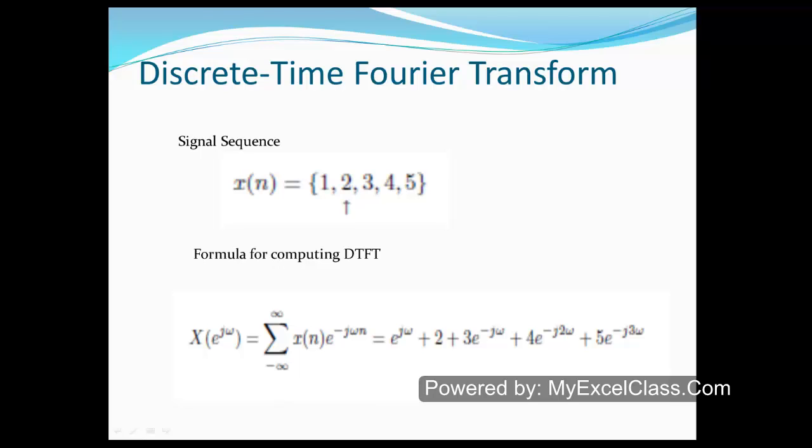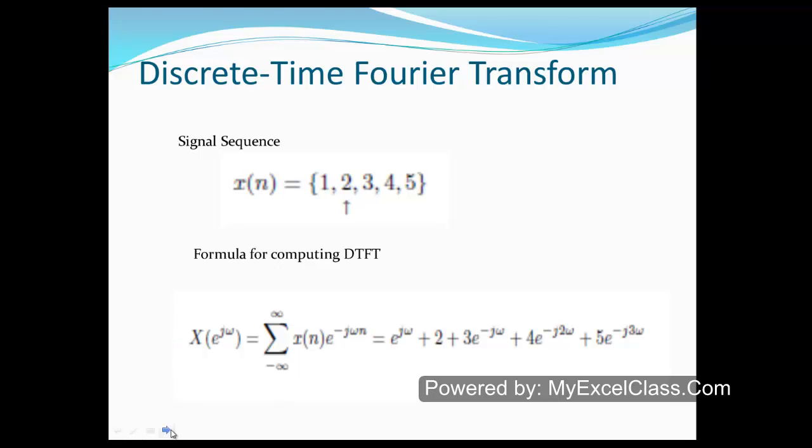Now omega is a real variable between minus infinity and infinity, which would mean that we can plot only a part of the X of e to the j omega function using MATLAB. Using two important properties of the discrete time Fourier transform, we can reduce this domain to the 0 to pi interval for real valued sequences. We'll discuss other useful properties of X of e to the j omega in the next section.